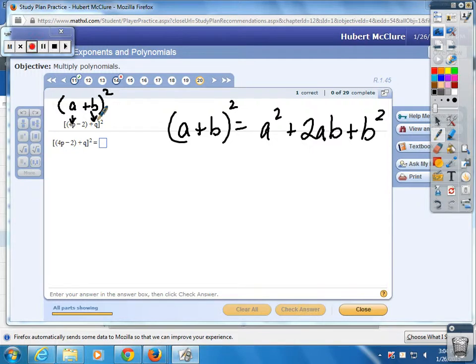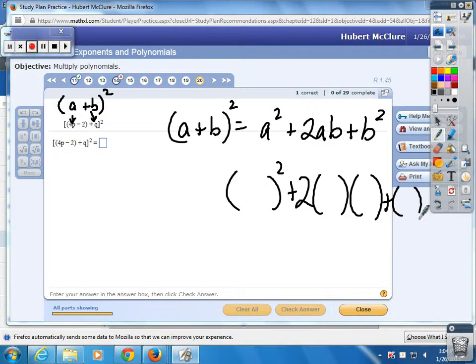Plug and chug, down over parentheses squared plus 2 times parentheses, parentheses plus parentheses squared. And what goes in the A spot? 4p minus 2. And what goes in the B spot?